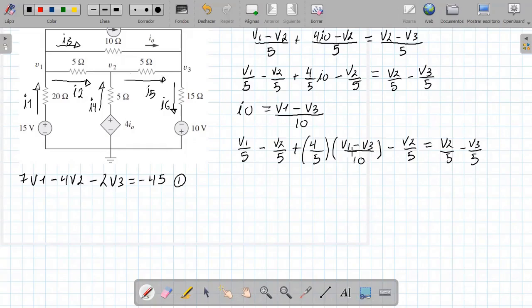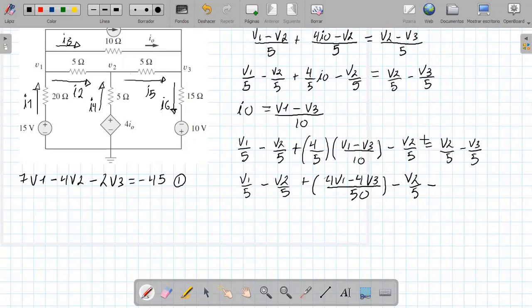Okay, so I start working on this. Here we have to apply minus V2 over 5. So I multiply this 4 by each term above and the 5 by the 10, so it will be 4 V1 minus 4 V3 over 50, minus V2 over 5.